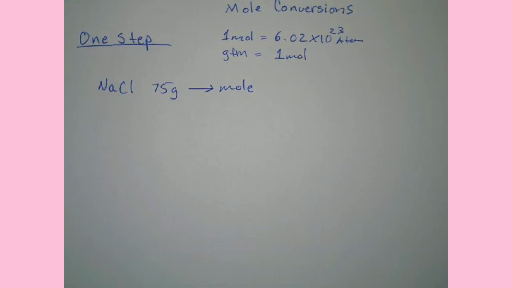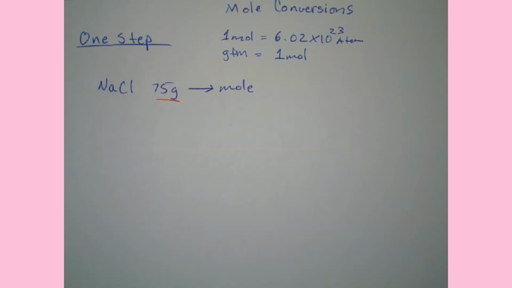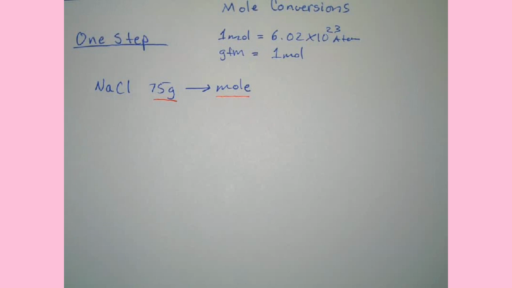Well, whenever you're doing chemistry problems, guys, there's only 2 things you care about, your starting point and your ending point. What is my starting point here? My starting point is 75 grams. Well, where do I want to go? I want to go to moles. So I got to start off in grams and get to moles.